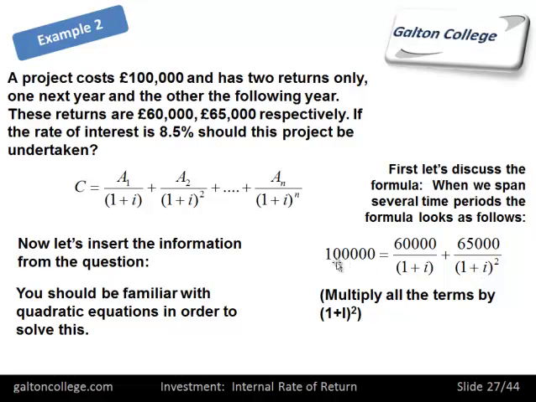We get equals 60,000 times 1 plus I, because this one here would cancel out part of that, and that's squared. So our equation would look like this. We've multiplied up, equals that plus that.